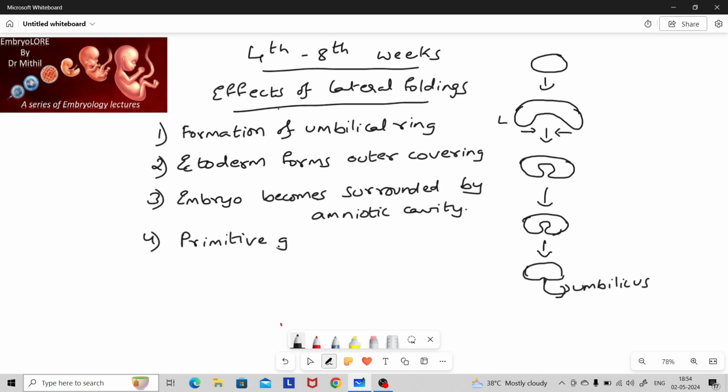So now the primitive gut is formed, and then the cranial end of the primitive gut is separated from the stomodium by the buccopharyngeal membrane.